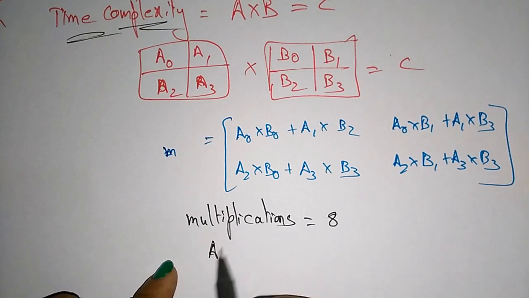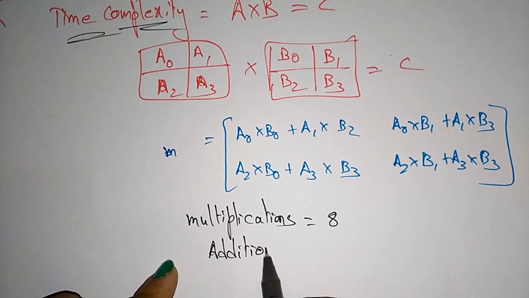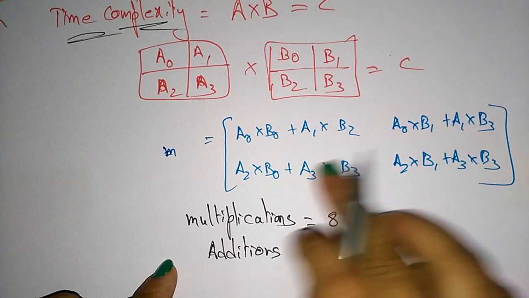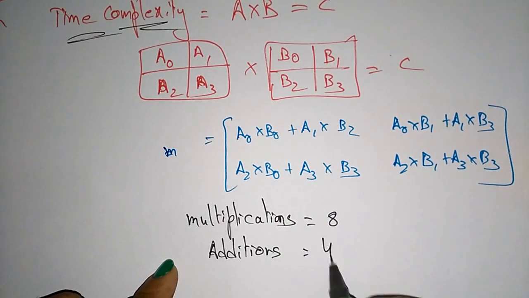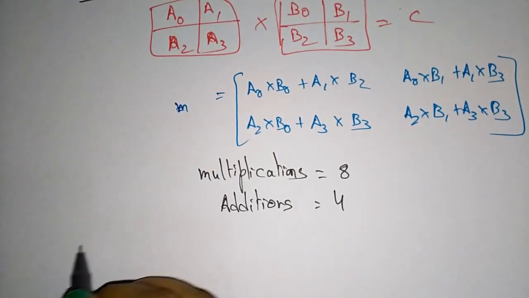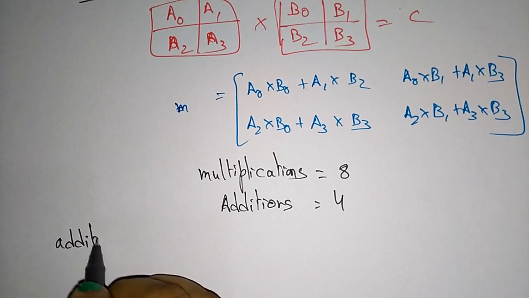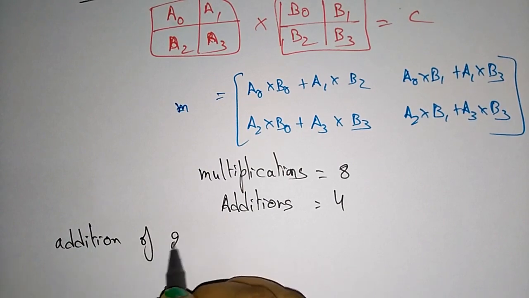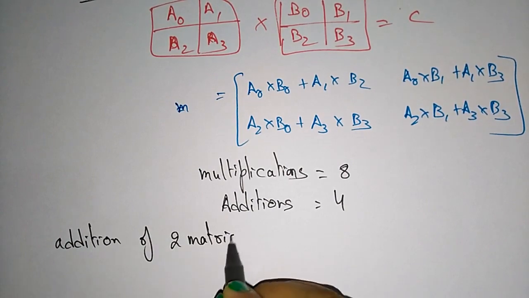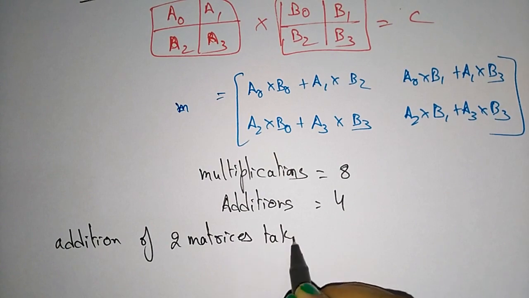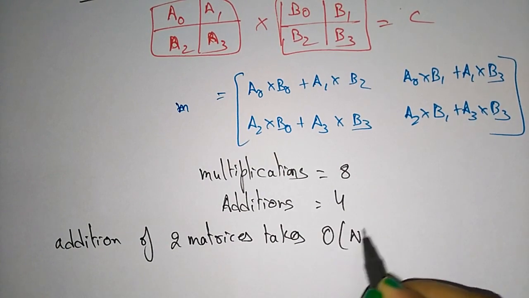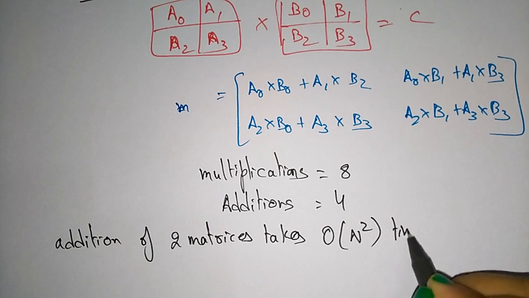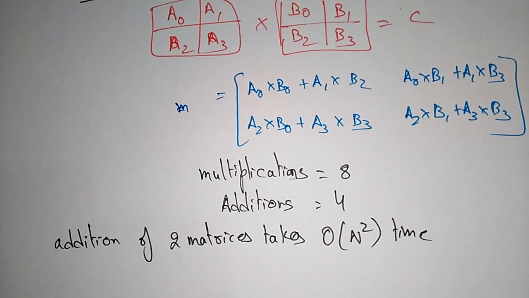And coming to the additions, how many additions are you doing here? 1, 2, 3, 4. 4 additions. Then addition of 2 matrices takes order of n square time.